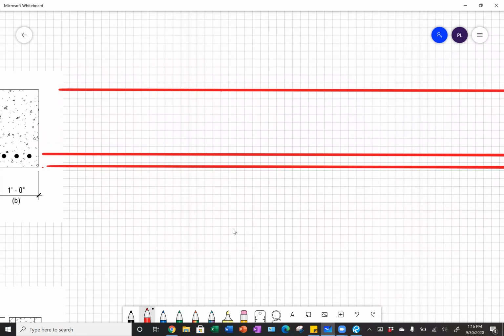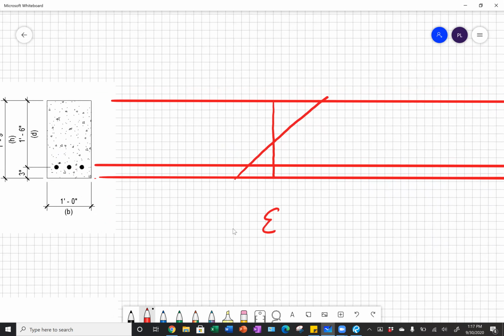Our strain diagram, from Hooke's law, says that stress is proportional to strain. So this will be our strain diagram. We have a D dimension, which is from the top of our beam, our maximum compressive strain, to the centroid of our reinforcement. So this would be D as shown on the screen.